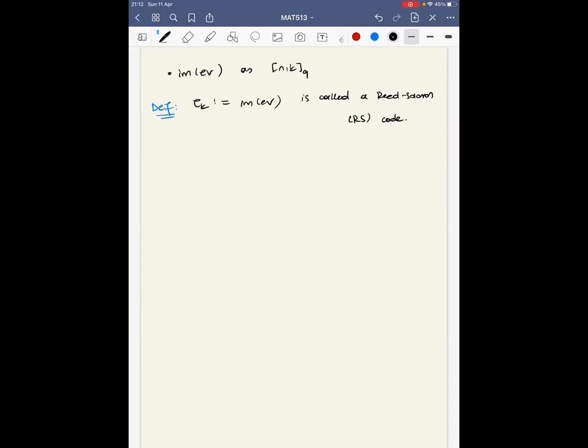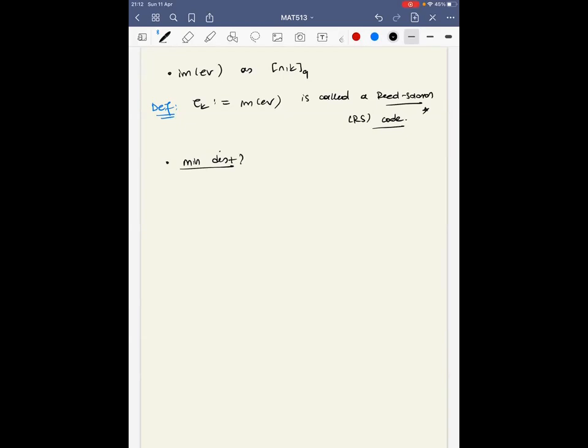Okay, we have a construction of this important family, of course. The second question is: what is its minimum distance? At least, do we have an upper bound or a lower bound?